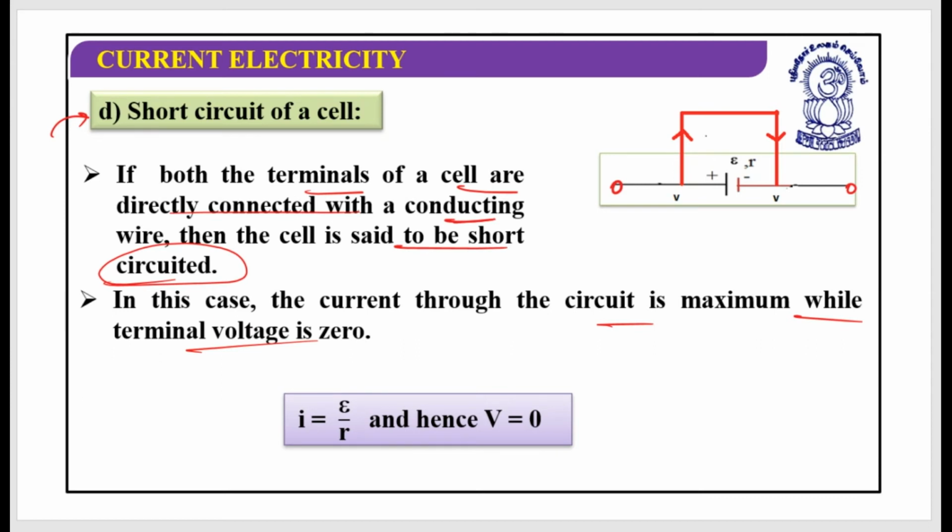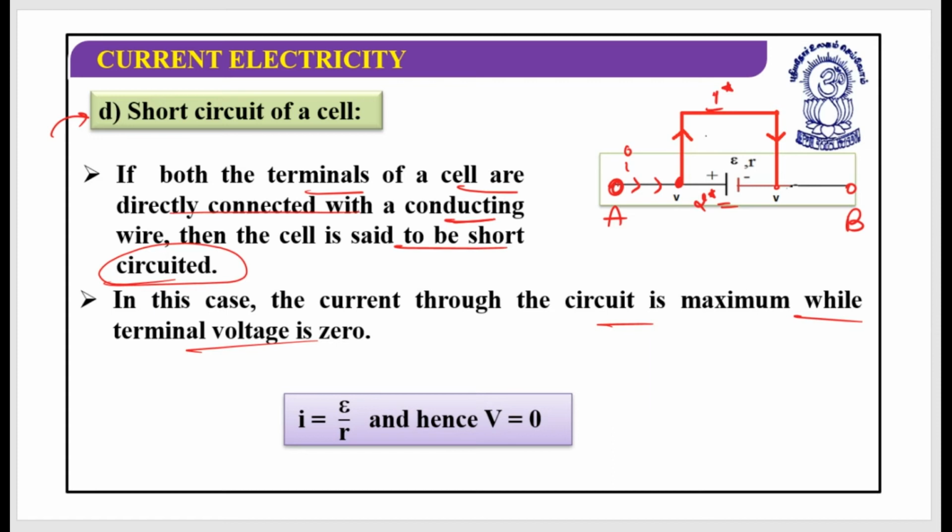So the situation is, let's suppose this is point A, this is point B, and this is the cell, but you have connected one wire and just bypassed the cell. What I mean by bypassing or short circuiting the cell is, let's suppose some current is passing through here. When current reaches here, it has two options: either to go through path number 1, or to go through path number 2.